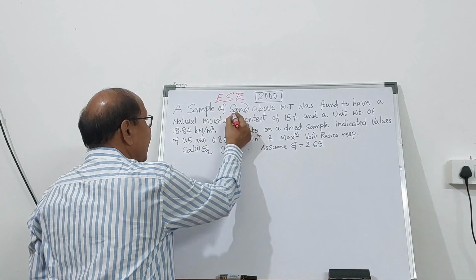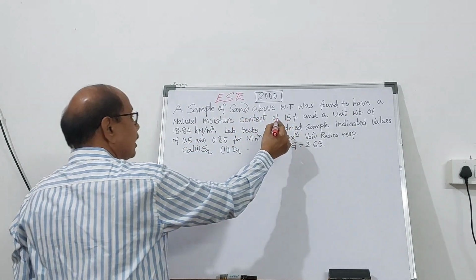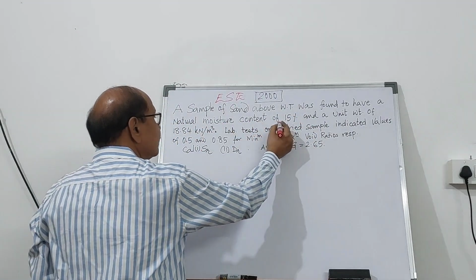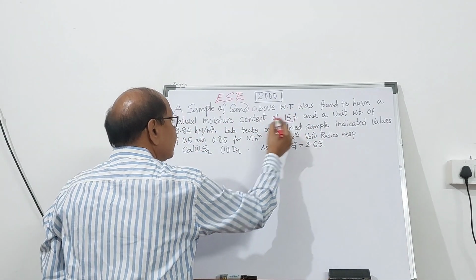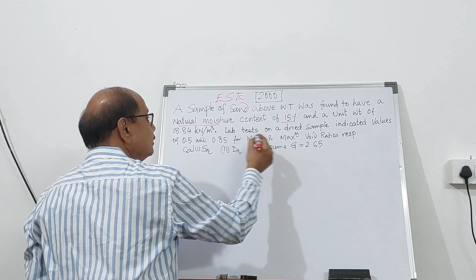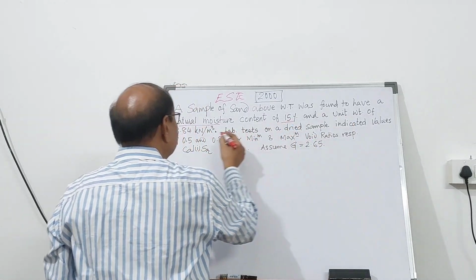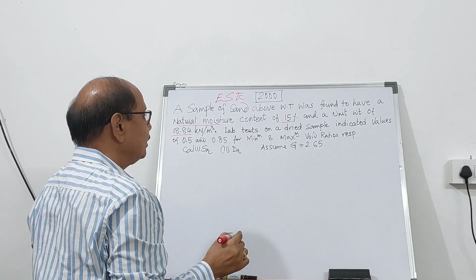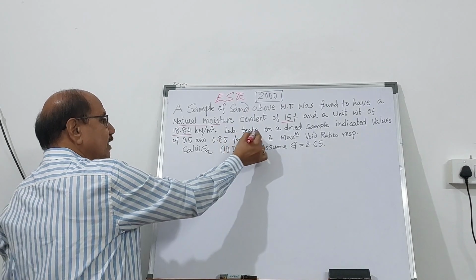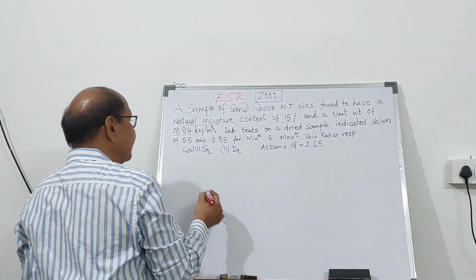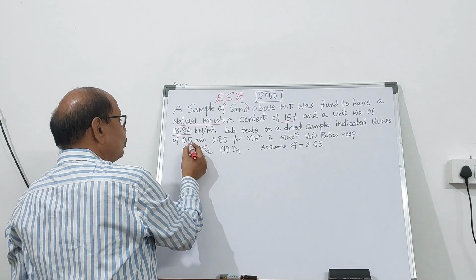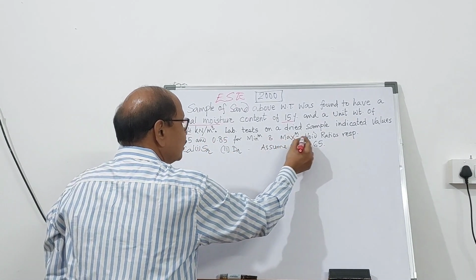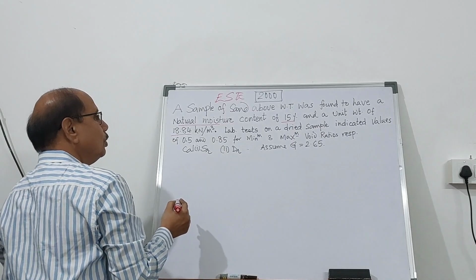A sample of sand above the water table is found to have a natural moisture content of 15% and a unit weight of 18.84 kilonewton per cubic meter. Lab tests on a dried sample indicated values of 0.5 and 0.85 for minimum and maximum void ratio.